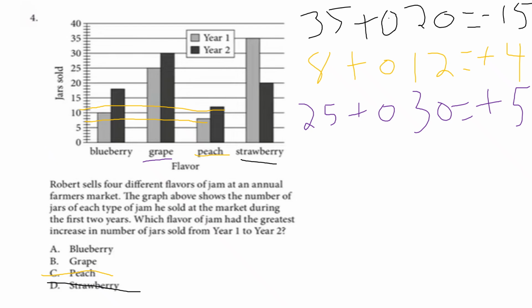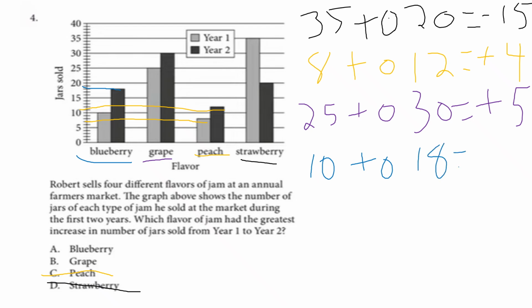Let's get rid of that little mark and get our blueberry. So we're going to use, that's not very noticeable. Let's use a different color, one that is noticeable. All right, so blueberry. In year 1, they sold 10. So it went from 10 to about 18.